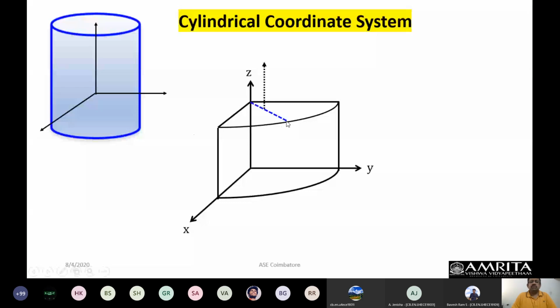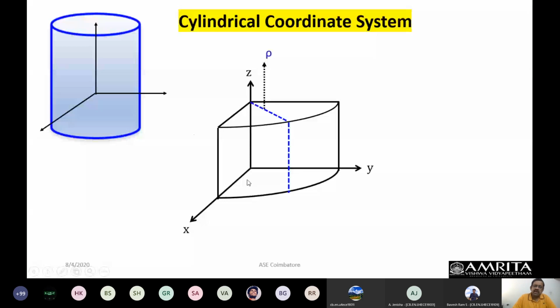To describe that point, I take the radius vector as it is, which is rho. So rho is where the point is. Now that is not enough actually. To describe this angle, what is this angle phi, which I set as the azimuthal angle. I projected this radius vector onto the xy plane.